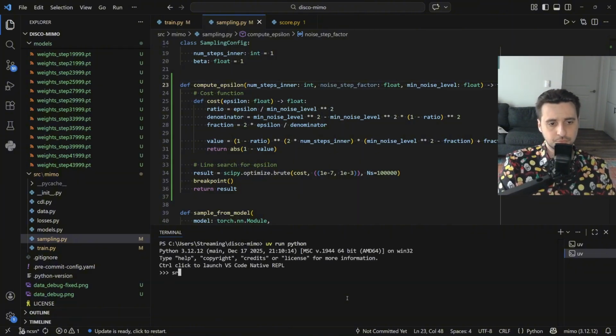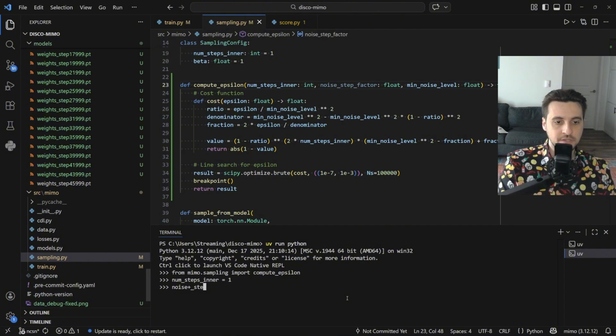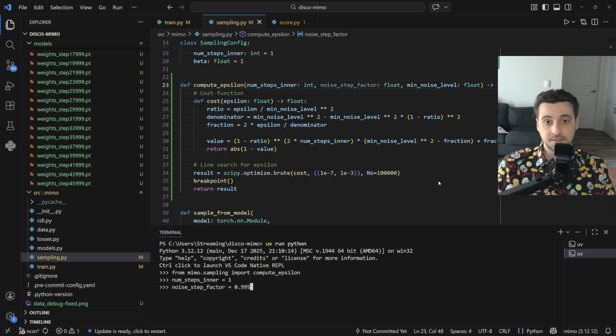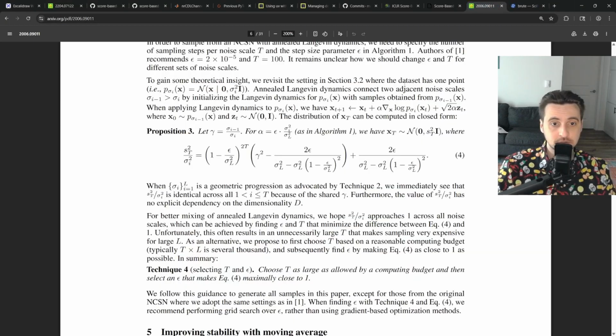So I can do from MIMO.sampling import compute epsilon. Okay, I can. So num steps inner, we're going to have 1. Noise step factor, we're going to have 0.995. Did I forget to use gamma in the formula?